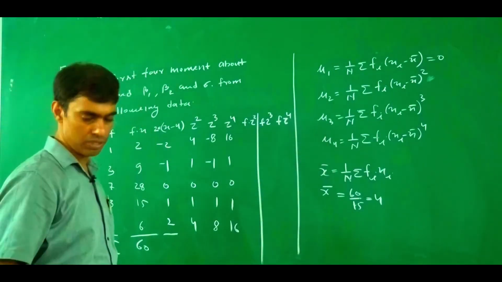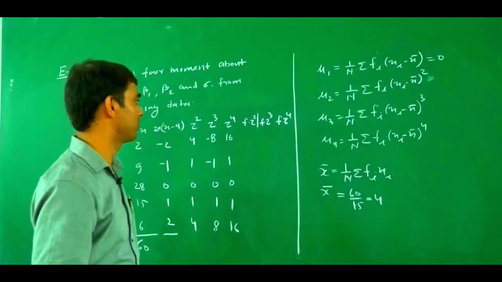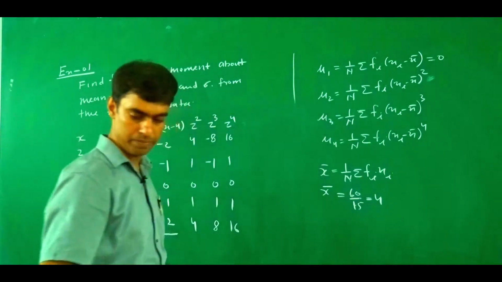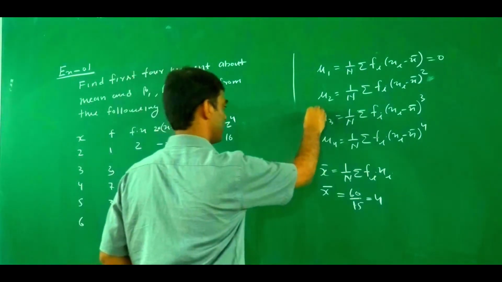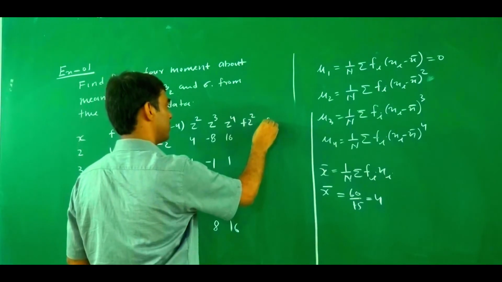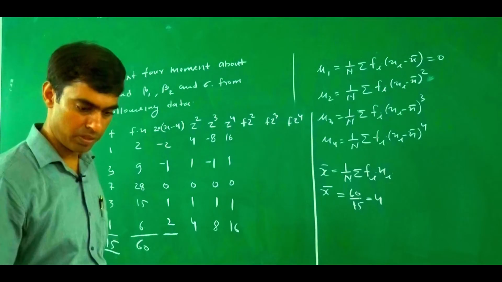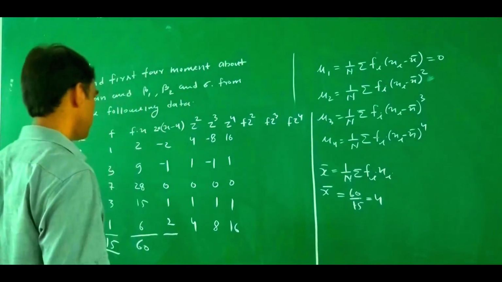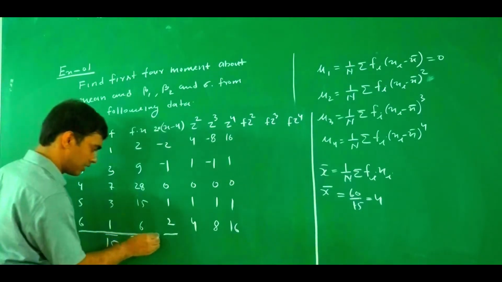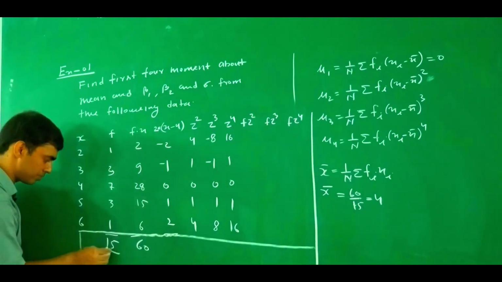So if we make more space here, then this becomes fz square, fz cube, fz to power 4. Now here we write the summation in this way.